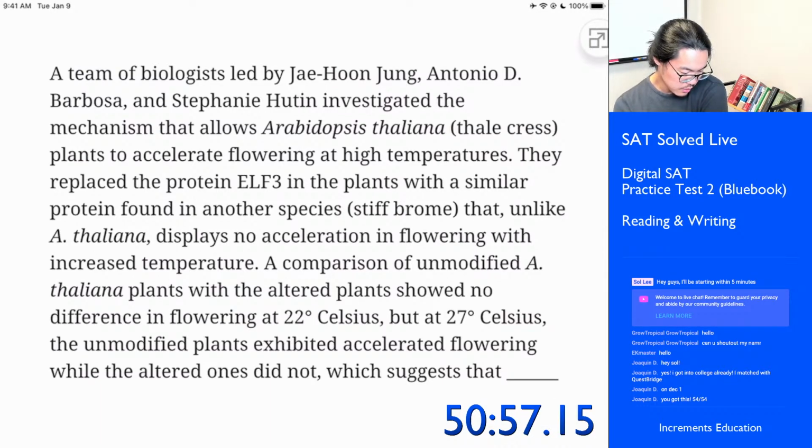A. thaliana with the altered plants showed no difference in flowering at 27, but at higher temperatures, the unmodified plants exhibited accelerated flowering. Wait, A. thaliana?